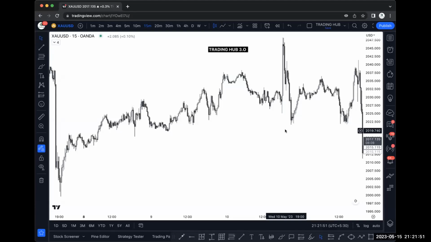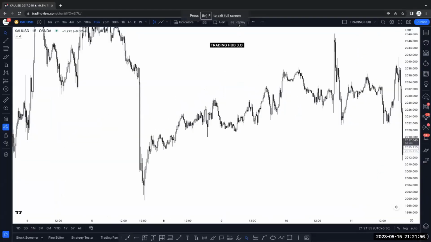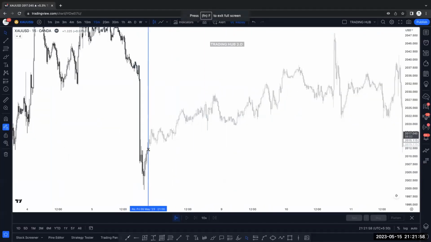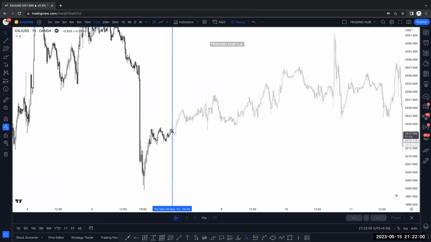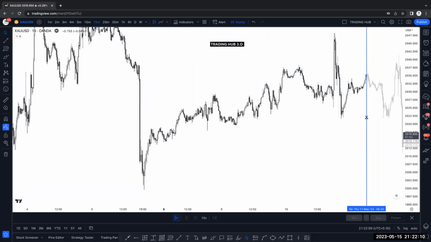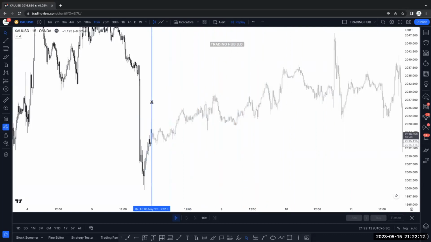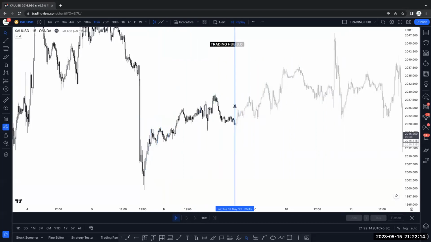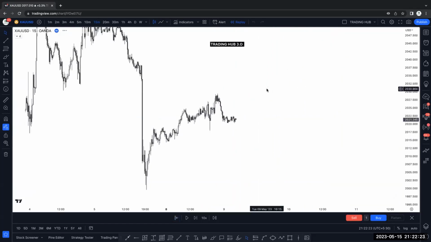Yes, internal structure would be nice. You can trade any one, any pair actually. Let's cut here.